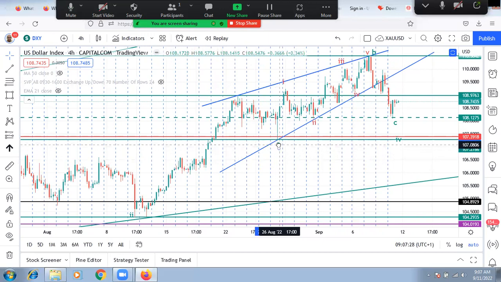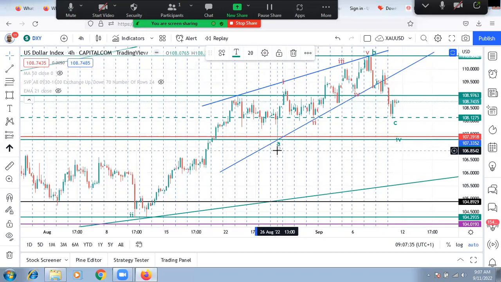If this one is going to be an A here, but ideally, if we are doing an ending structure, we expect the first move to the downside, and this one should be a 1, a 2, a 3, a 4, and a 5 for an ending structure.